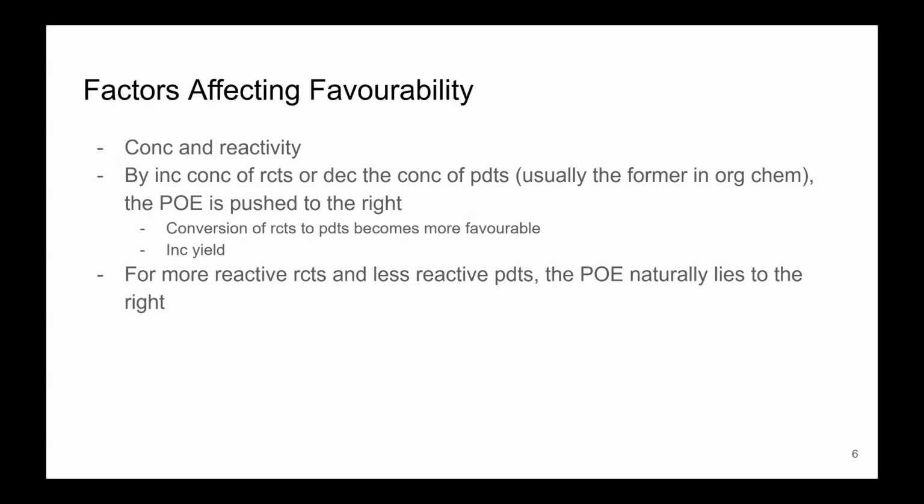If those parts are weaker than the reactants, so the reactants are really good nucleophiles and really good electrophiles, then the position of equilibrium naturally lies towards the products, so the products are formed really favorably.